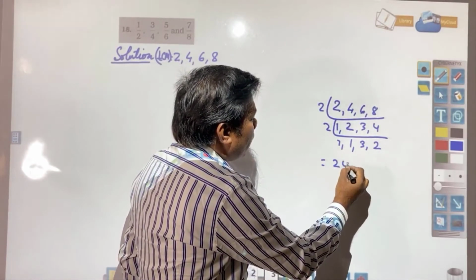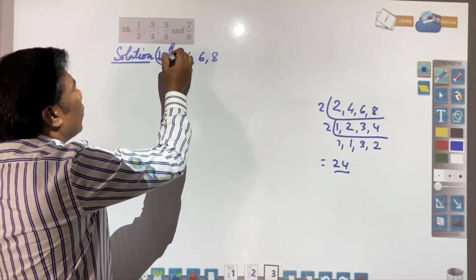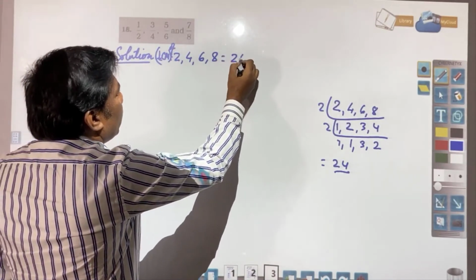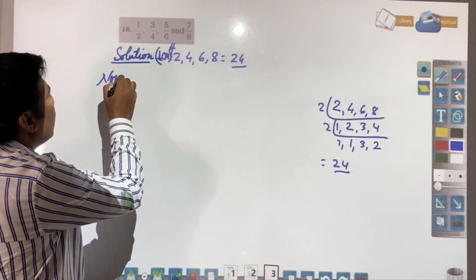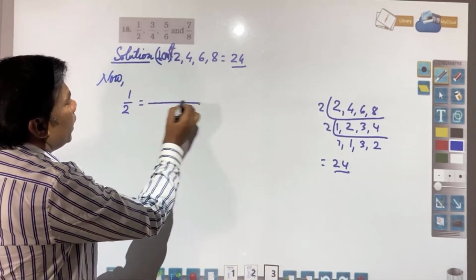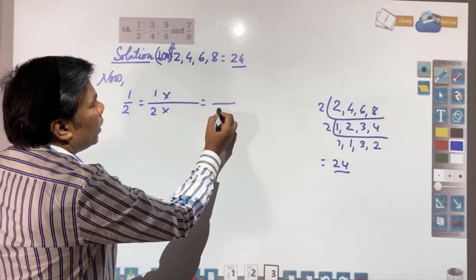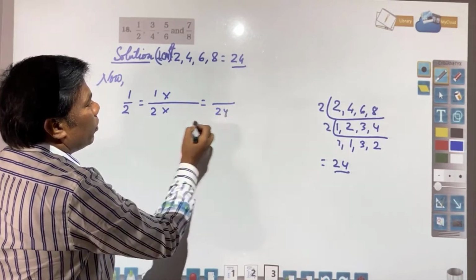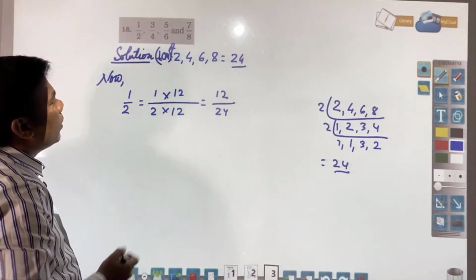So what LCM have you got? 24. So LCM of this is equal to 24. Now what you need to do? 1 by 2 can be written as 1 by 2 into, you need to get denominator 24. So 12 will be required. So 12 by 24 you have got.